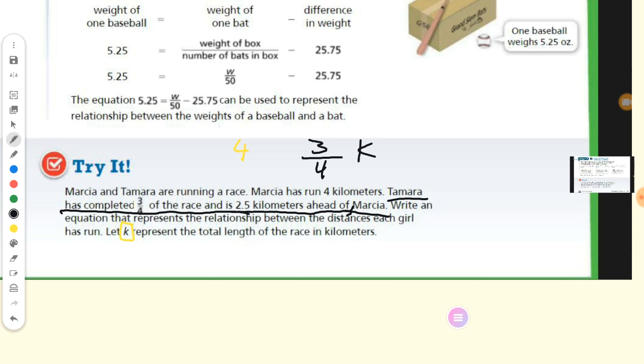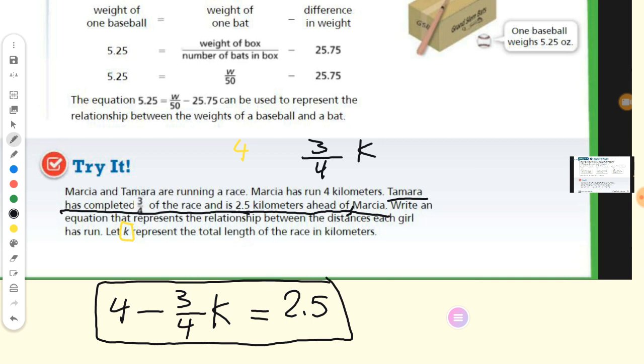So Marika ran 4 kilometers. We make the difference between her and Tamara, who ran 3/4 K of the whole race, and the answer is 2.5. Okay, this is how to represent it as an equation.